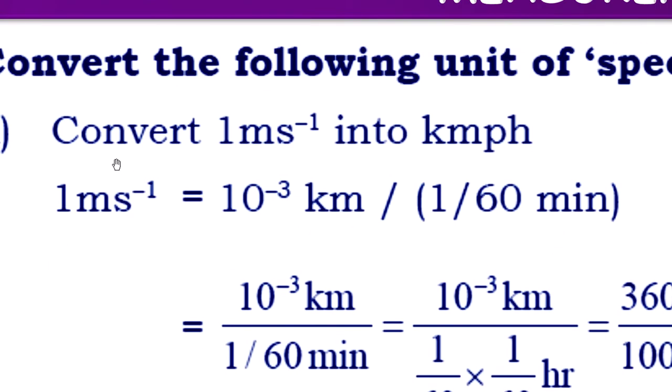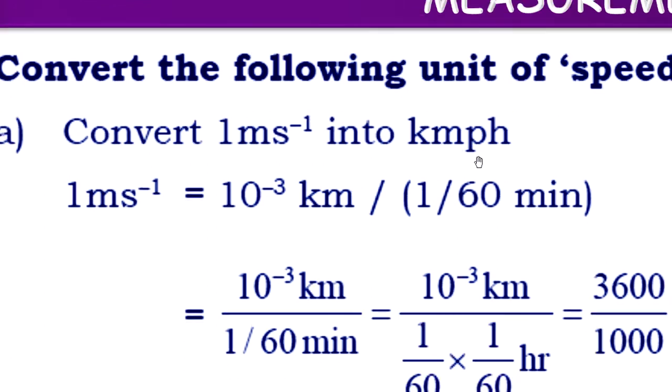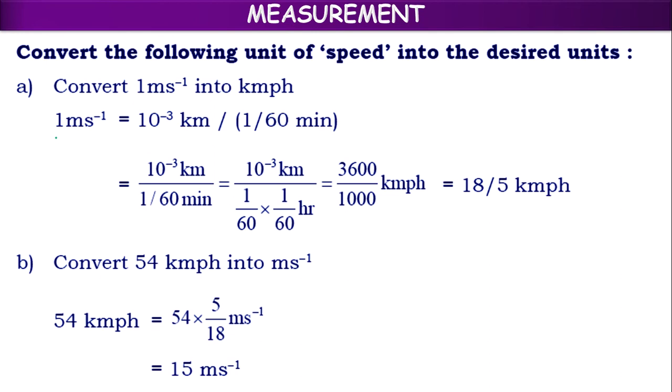So here, children, convert 1 meter per second into kmph, kilometer per hour. So 1 meter per second we can write as 1 meter by 1 second. We know that 1 kilometer equals 1000 meter.